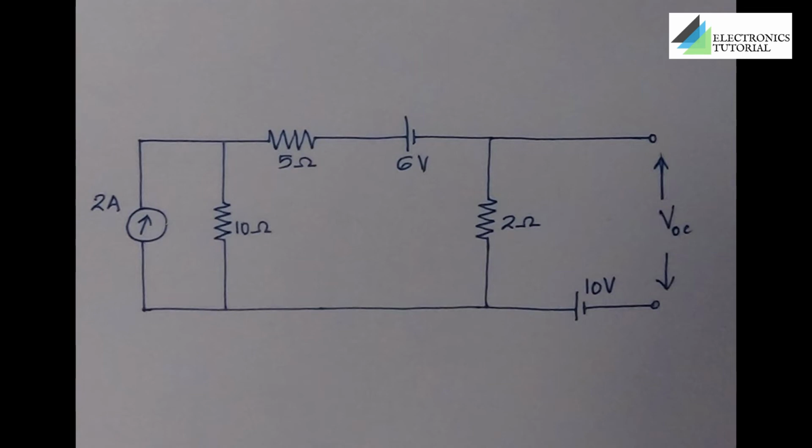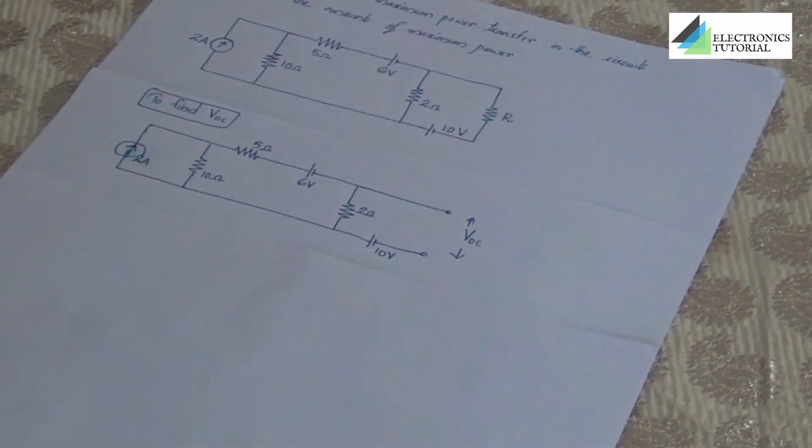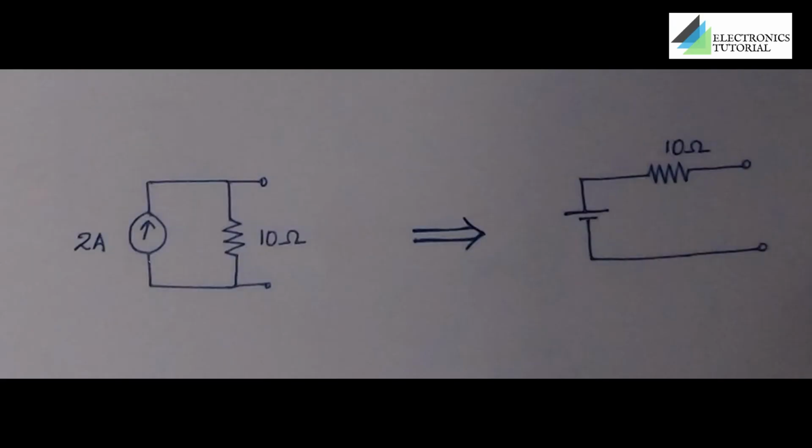When closely examining the circuit, we can see a current source in parallel with the resistor. A current source in parallel with a resistor combination can be replaced with a voltage source in series with the resistor. The value of the resistor remains the same, and to find the value of the voltage source, we can utilize Ohm's law.